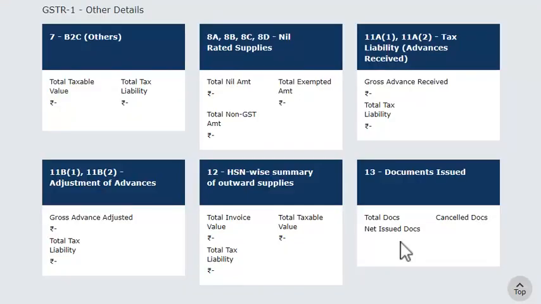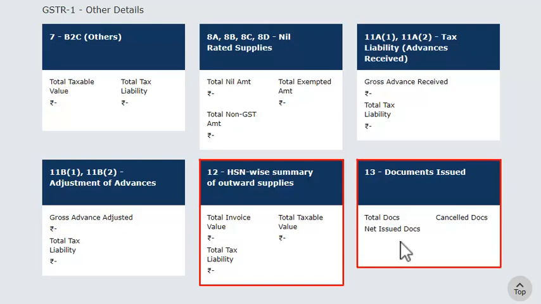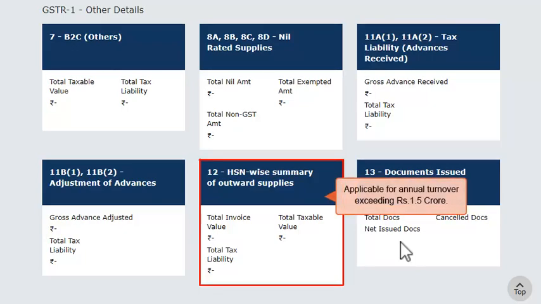Before concluding this course, I want to show briefly about two more categories. These are HSN or SAC Summary of Outward Supplies and the section that captures the list of documents issued. The HSN or SAC-wise summary of outward supplies needs to be reported if the annual turnover exceeds 1.5 crore rupees.